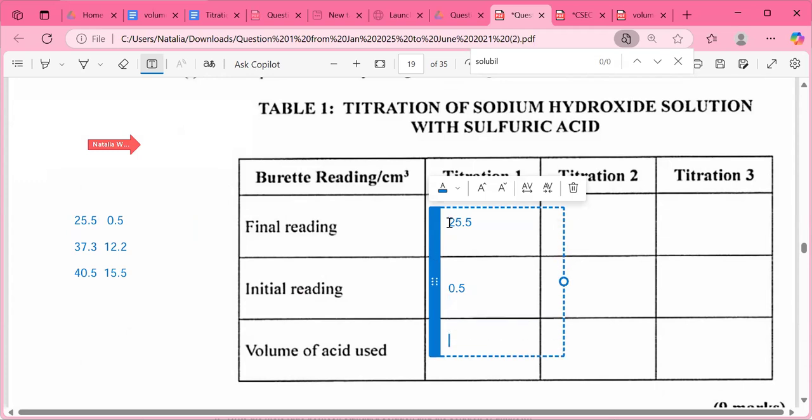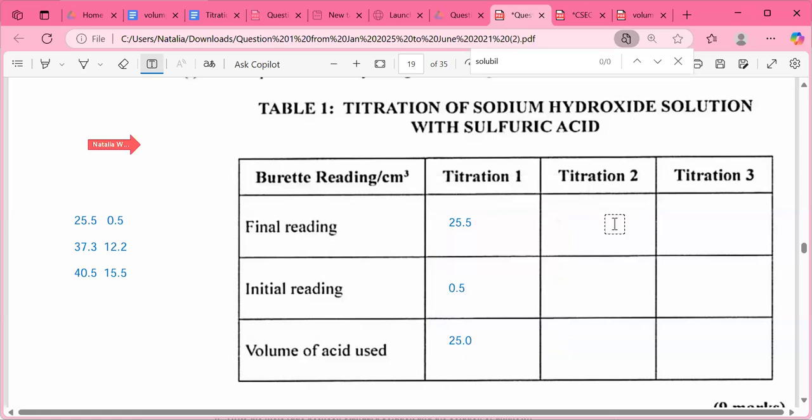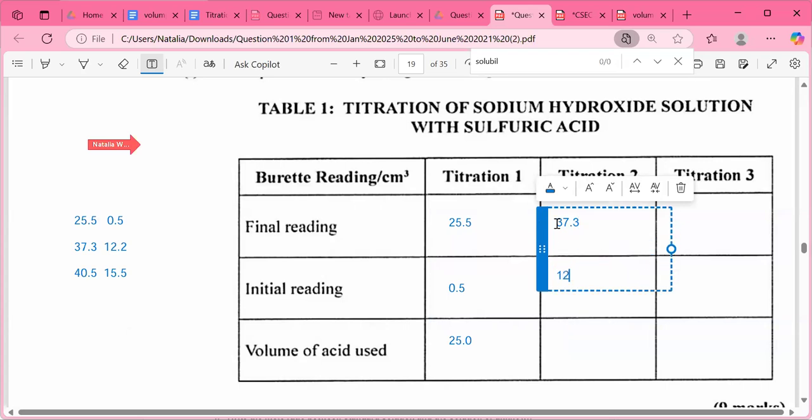So that's going to be 25.0. Then now we look here, final for the second one is 37.3. Initial is 12.2. So 37.3 minus 12.2 gives me 25.1.